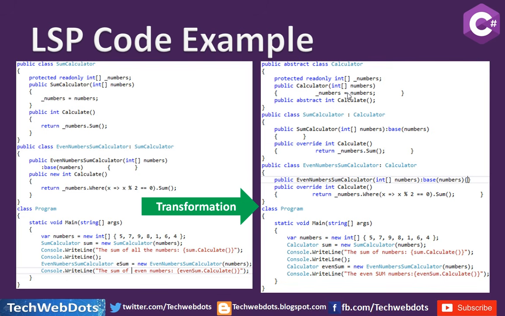In the same way, sum calculator and even number sum calculator inherit that class and calculate the number according to our need. So in the final call, you can see we are assigning a sum calculator object to a calculator sum object.